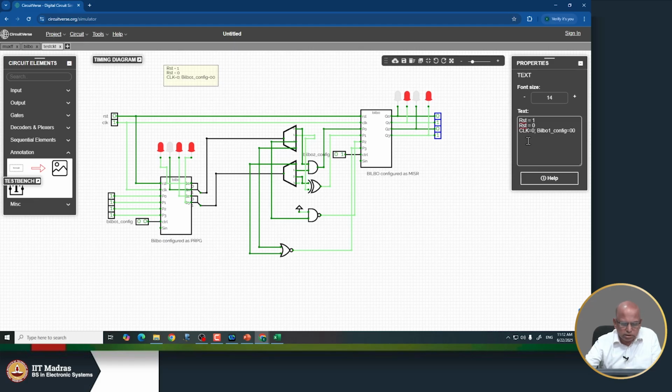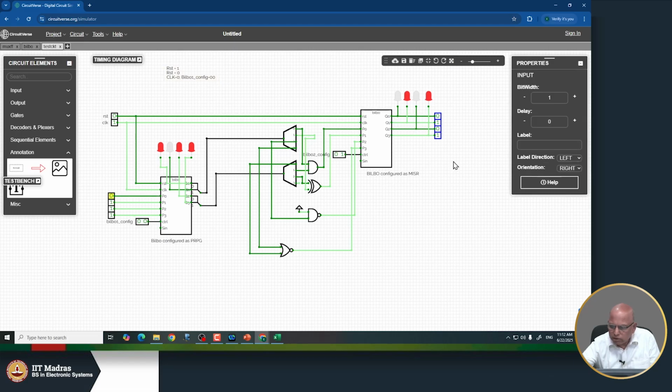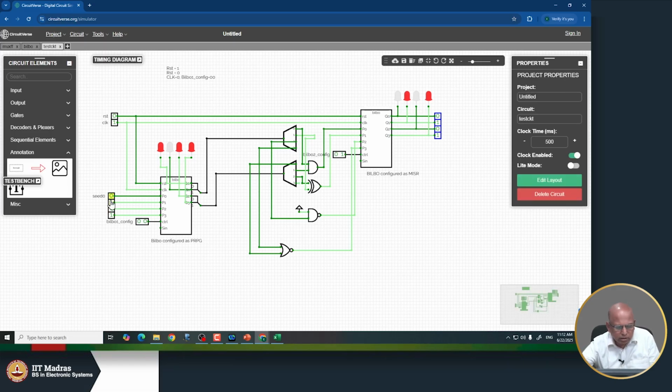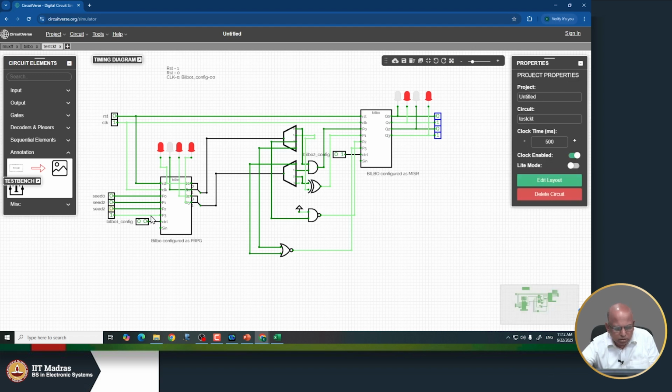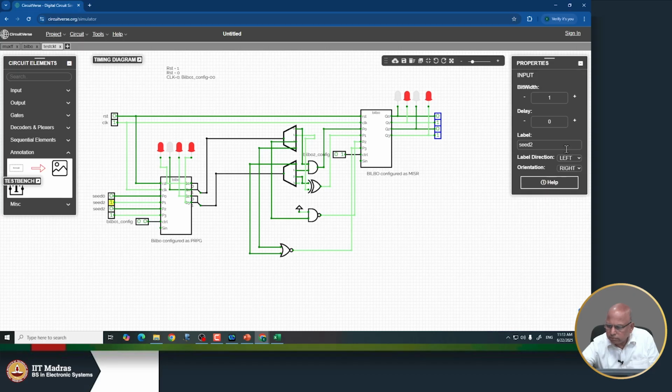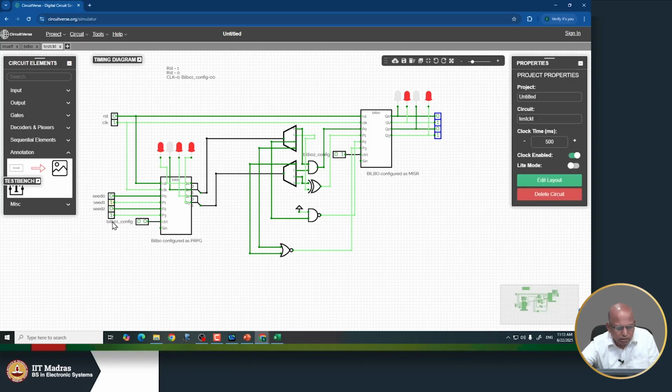Then these inputs are called, maybe we can call them P0 or whatever. This is seed actually, seed 0, right, seed 1, seed 3, I think this should be seed 1. And then this is seed 3.